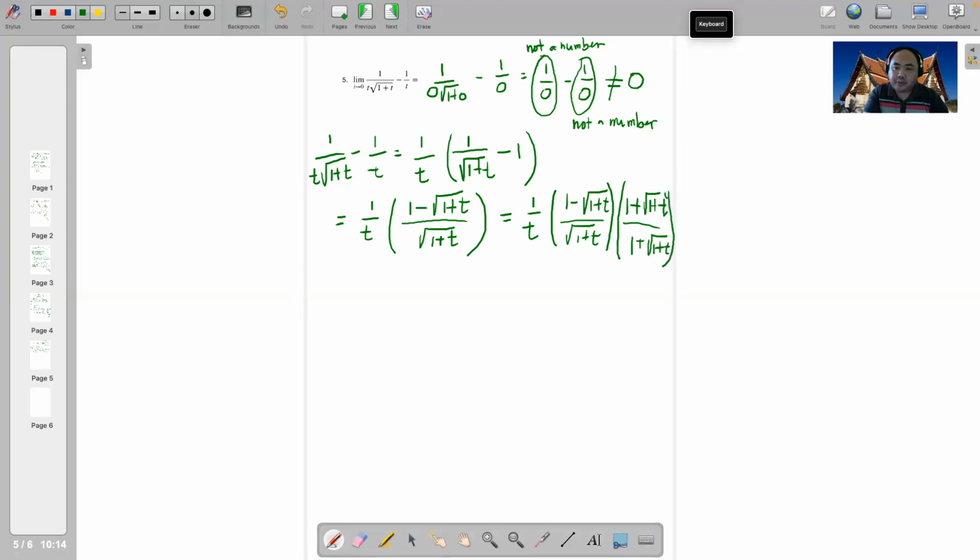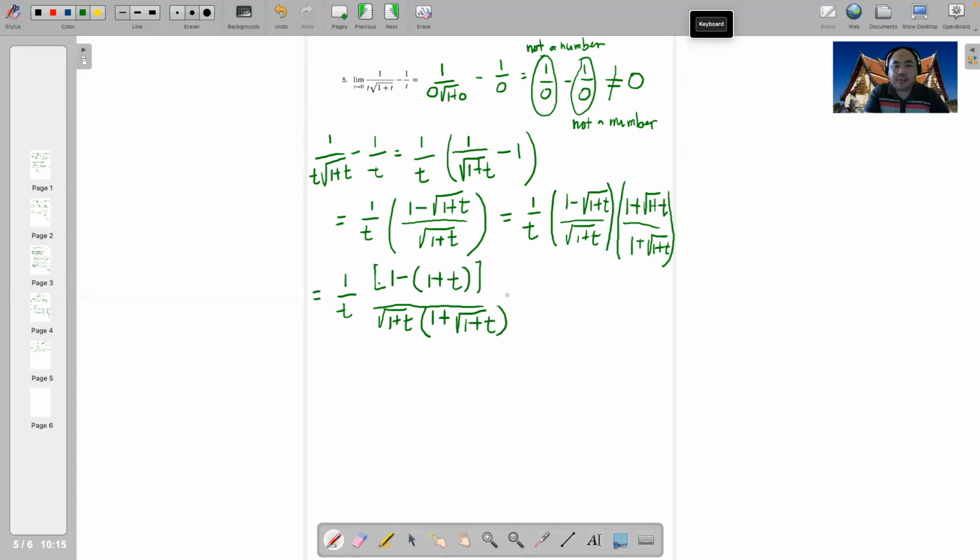So this will give me 1 over t times 1 minus 1 plus t, divided by square root of 1 plus t times 1 plus square root of 1 plus t.